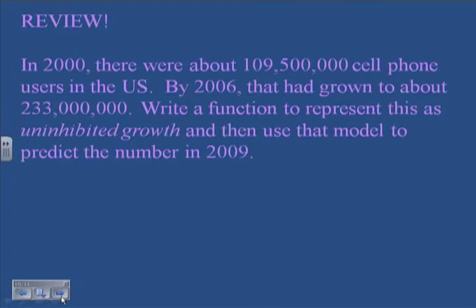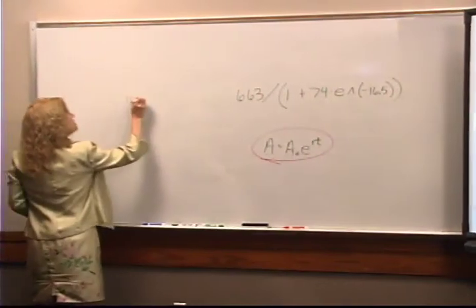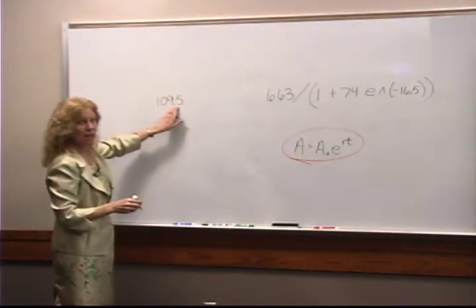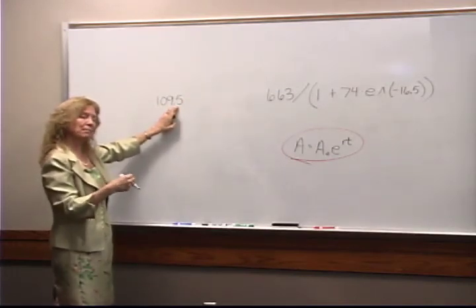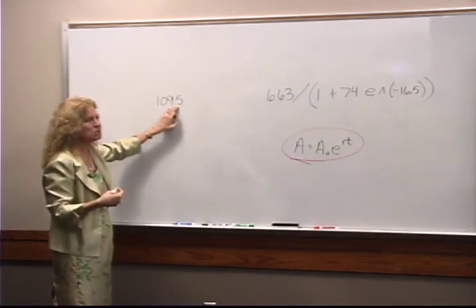So the amount in 2000 is, I'm going to say 109.5. Now, as soon as I do that, do you realize that means my amount is always going to be in millions? I just don't want to write all those zeros.